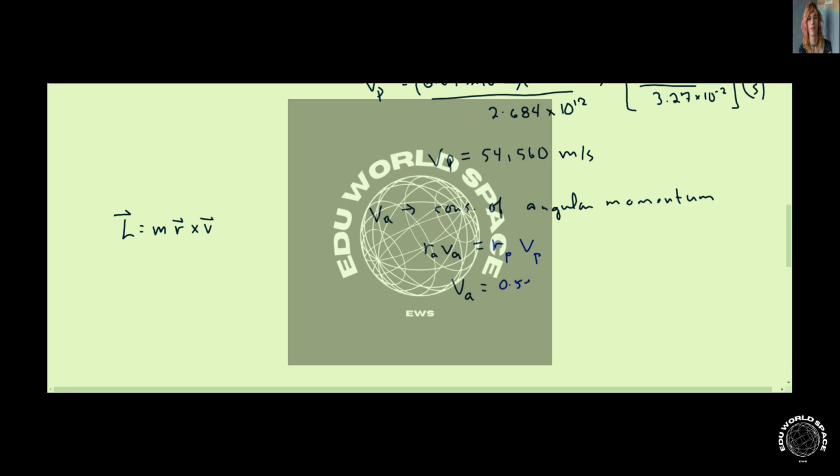And I can even put my aphelion and perihelion distances in terms of astronomical units, because the units will cancel. And that's a really helpful thing.